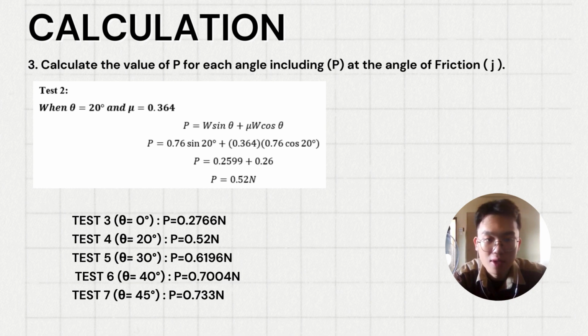For other tests, we can observe different values of P: 0.2766 Newton in test 3, 0.52 Newton in test 4, 0.6196 Newton in test 5, 0.7004 Newton in test 6, and 0.733 Newton in test 7.